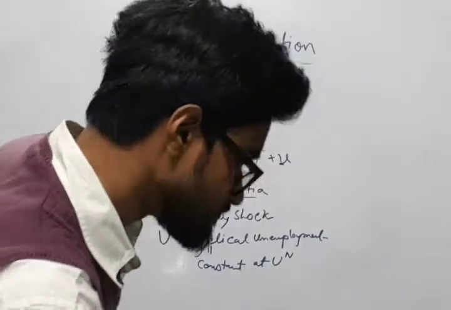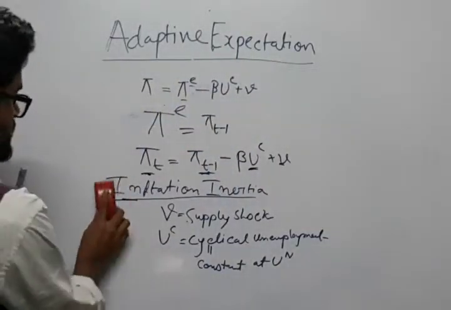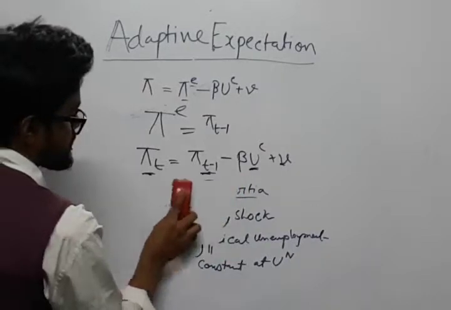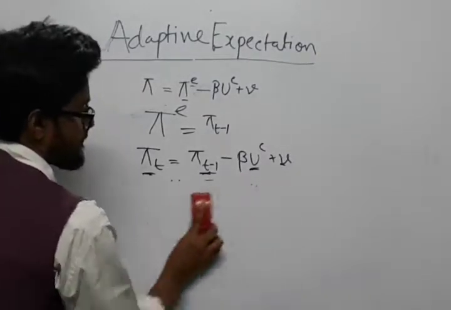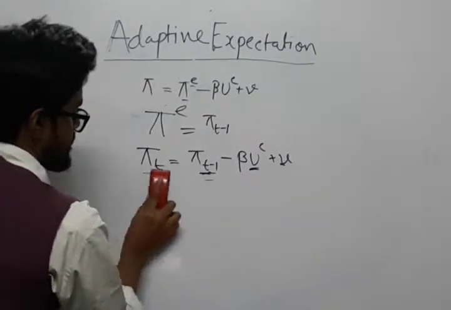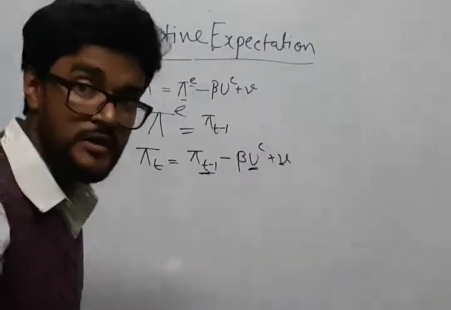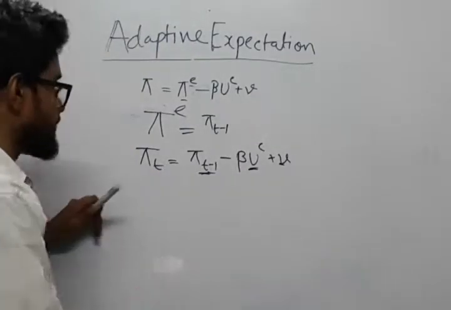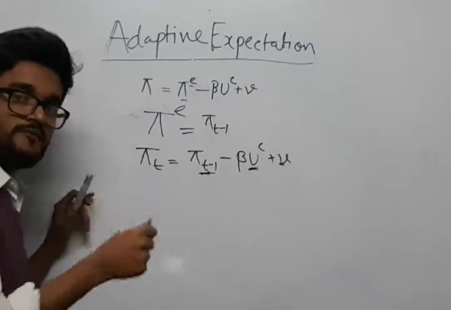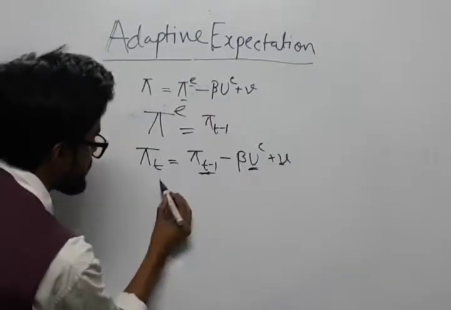Now we'll explain this equation with the help of a diagram. How can we do this?